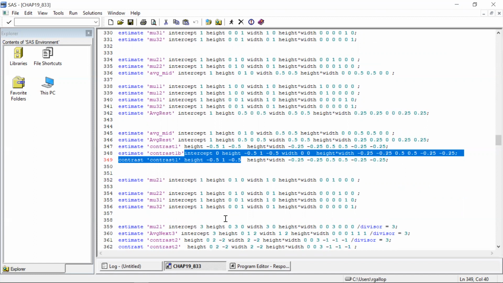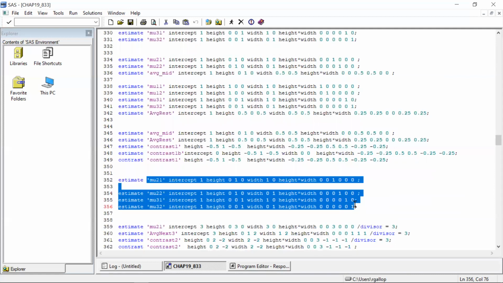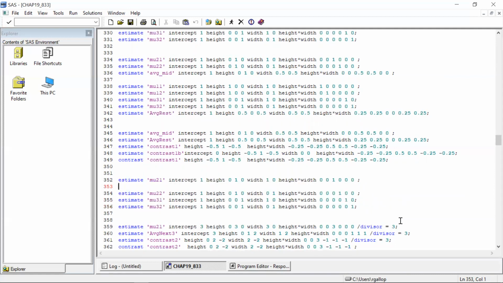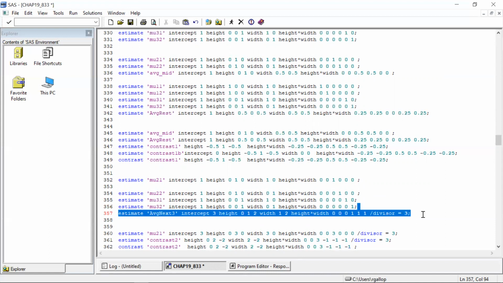Suppose we wanted to look at the mean for mu21 compared to the average of the remaining three. The average of the remaining three is nothing more than adding each term coordinate-wise and dividing by 3. With the dividing by 3, this is where the divisor can come in.